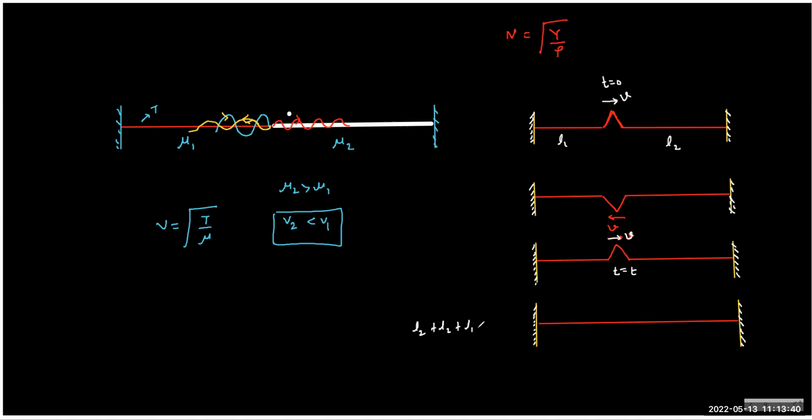The wave will go here, will hit, will come back here, and then will come here. So you go L2, then you go L1 plus L2, and then again you go L1. So the time will be a very simple answer: twice (L1 plus L2) by v. Questions like this can be asked.